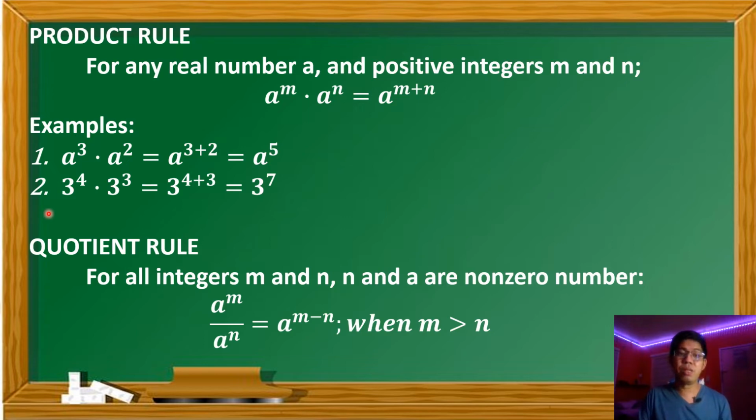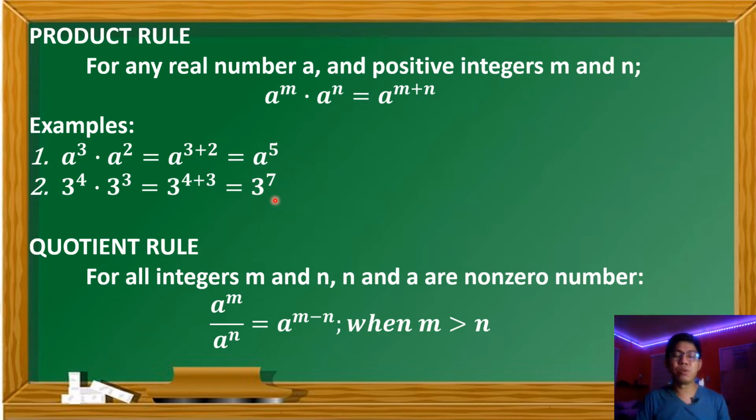Another example, number 2, we have 3 raised to the 4th power multiplied by 3 cubed. Copy the base, which is 3, then add the exponents, 4 plus 3. It is equivalent to 3 raised to 7. So don't forget about the product rule.